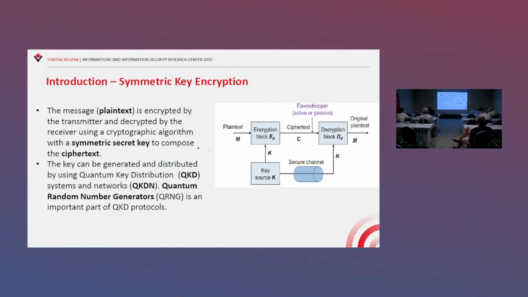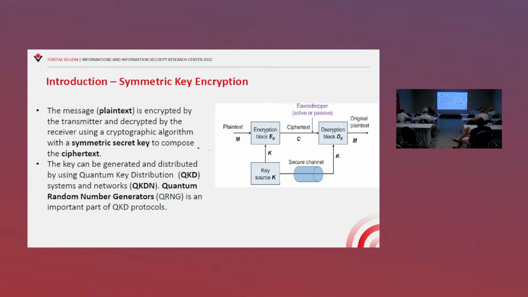Okay. So these qubits, encoded with particular information, can be used in symmetric key encryption. Symmetric key encryption is, let's suppose we call Alice and Bob. Alice is the transmitting party and Bob is the receiving party.